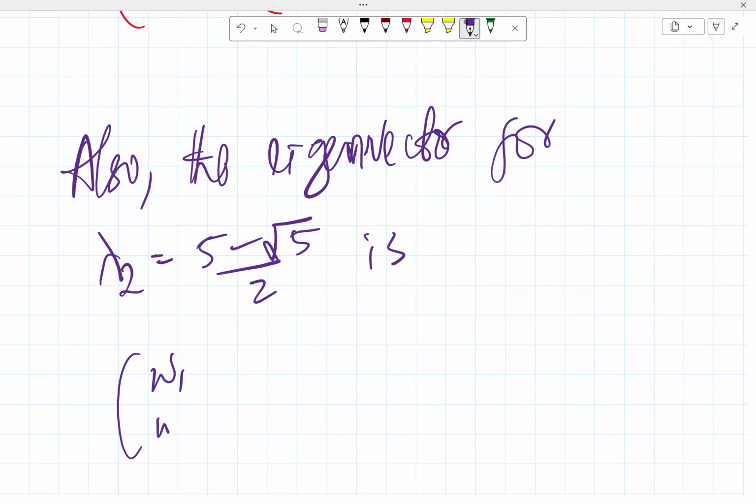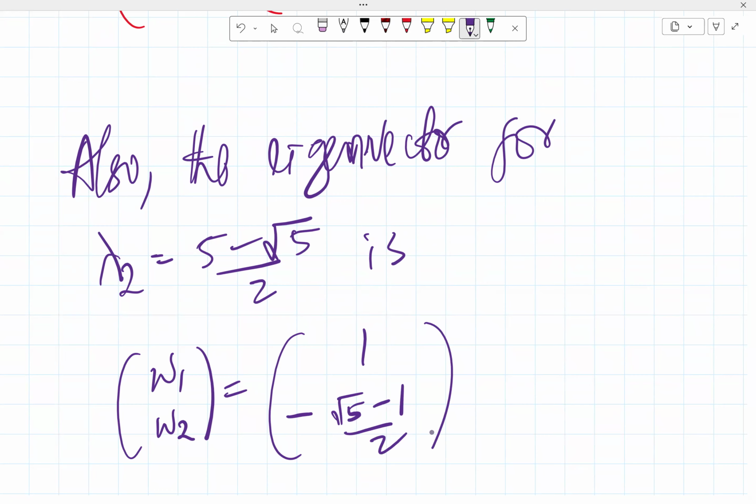So omega 1, omega 2, if you like, and that is equal to 1, then minus root 5 minus 1 over 2. So like that, if you go through the same procedure.